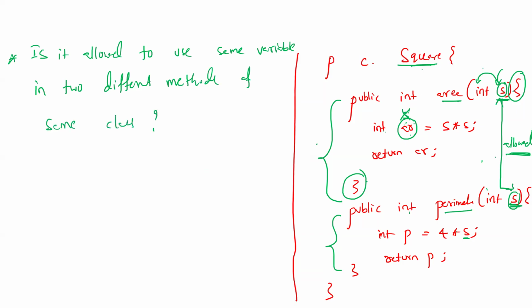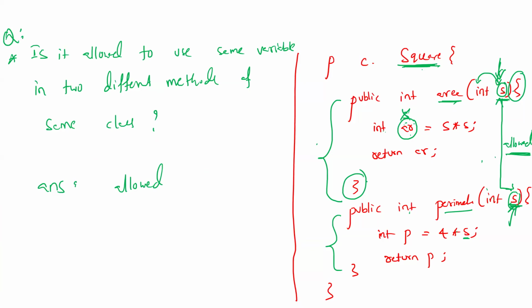Is it allowed to use the same variable name for two different methods in same class? The answer is, if this is the question, then the answer is allowed. Am I clear? Yeah, so this is the first point to know.